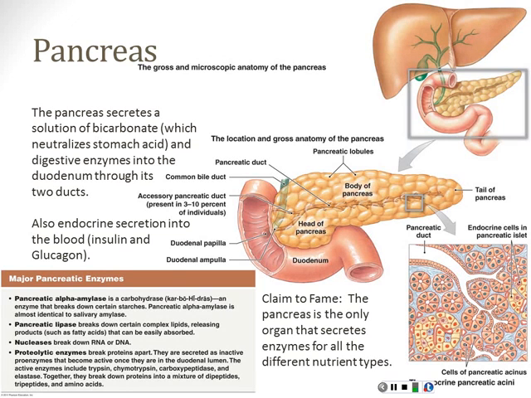So we have effectively neutralized that acid. So the pH of the contents of the duodenum goes from about 4, which is what we get from the stomach, all the way up to about 6 or 7 through that neutralization. So very, very important stuff, that bicarbonate solution.